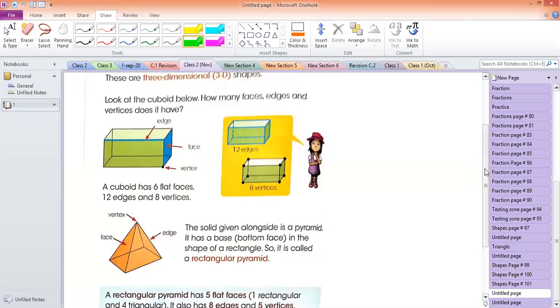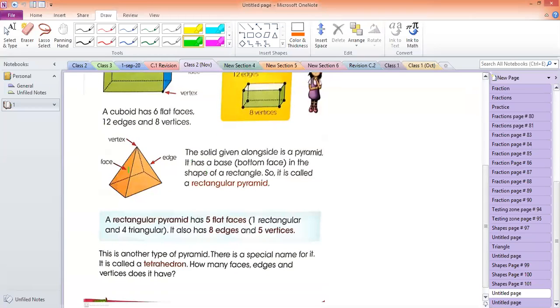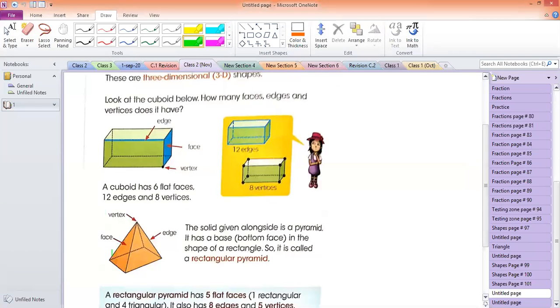Okay. Now, this is the left one, only this one. This is the left one, 3. This is the right one. Okay, 4.